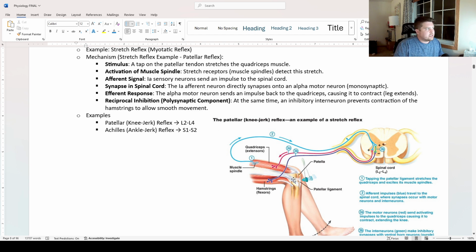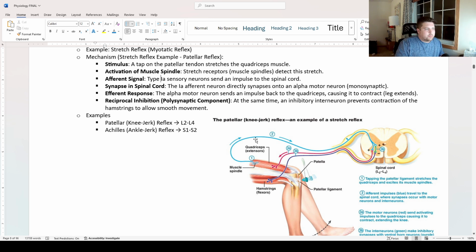So we have a stimulus, in this case the tap on the patellar tendon, which causes the stretching of the quadriceps muscles. The muscle spindle that is inside of the muscle detects stretch, and it's going to send a signal along a specific neuron that is a type 1A sensory neuron.